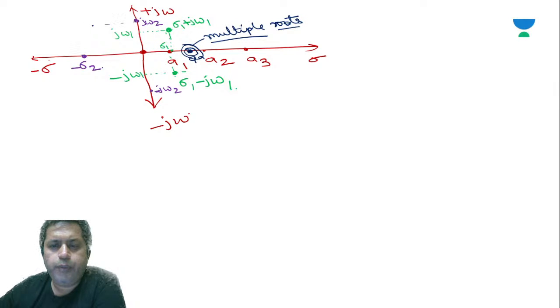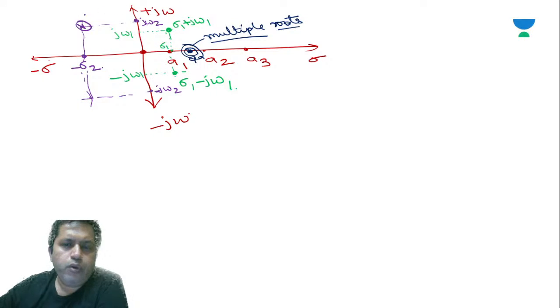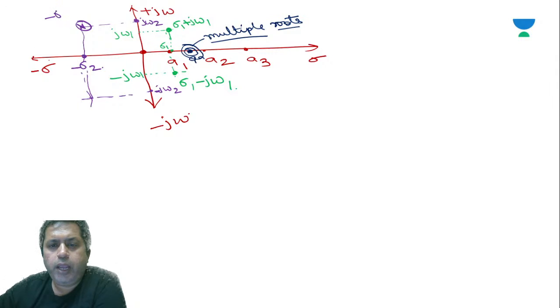So this will be your root: minus sigma 2 plus j omega 2, and this will be your root: minus sigma 2 minus j omega 2.